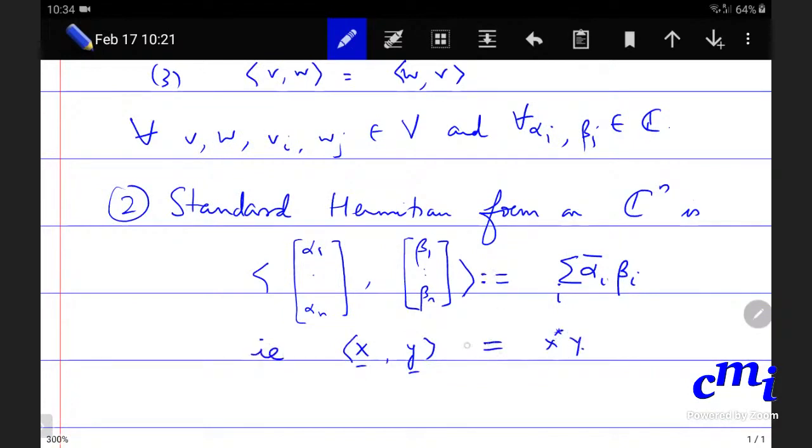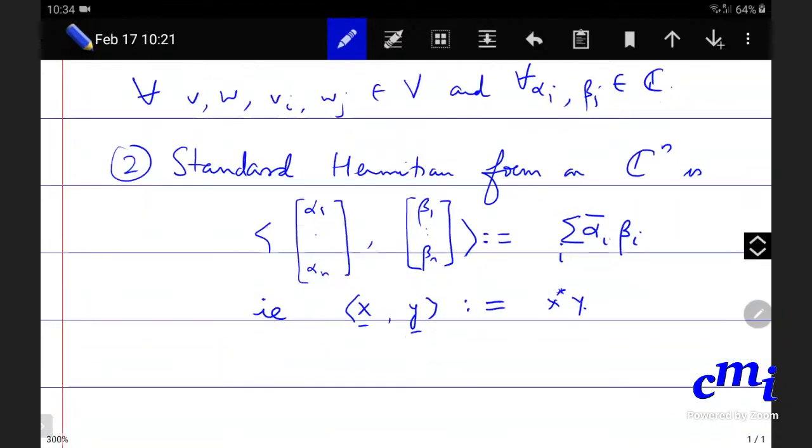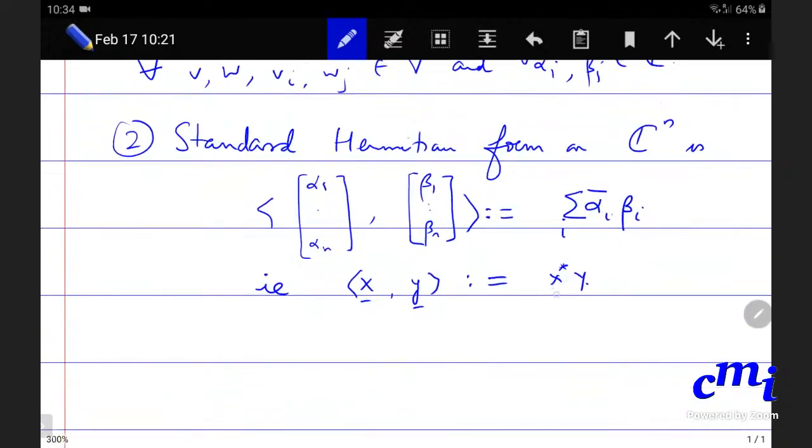This is the definition. This is conjugate transpose, and then conjugate individual elements.